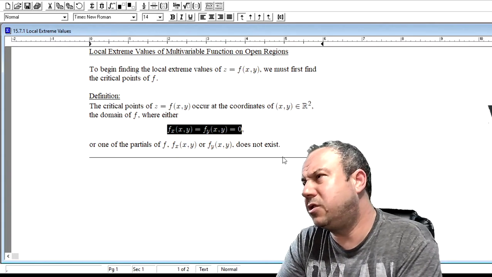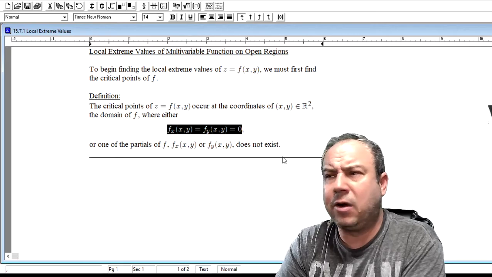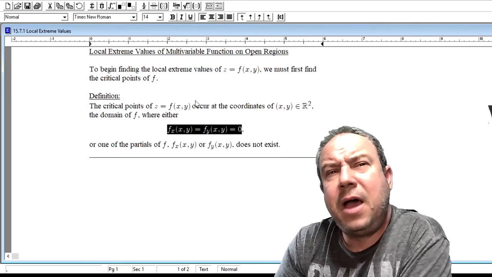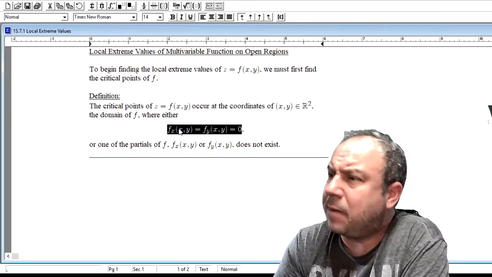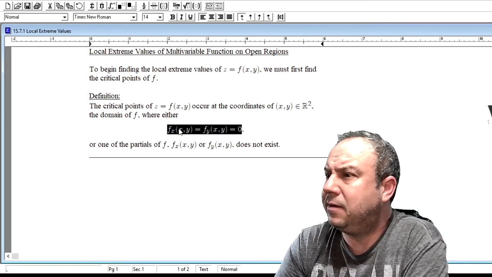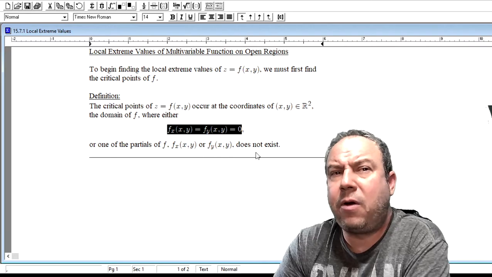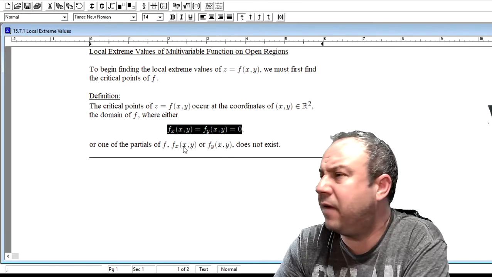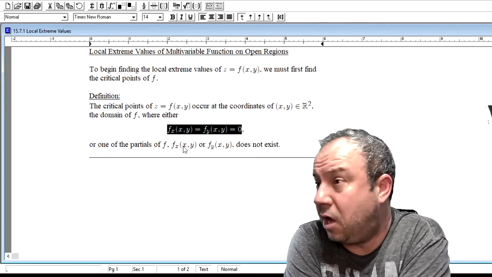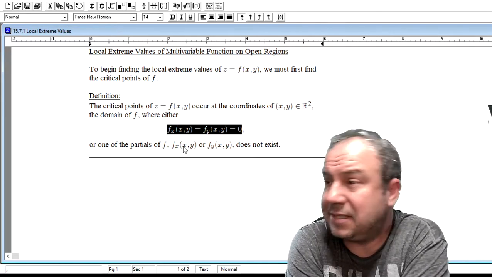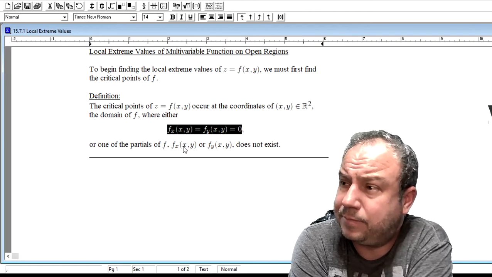Those two conditions are going to set us up for finding our critical points, right? Typically, we're going to be looking at where our first partials equal 0 simultaneously. Right? However, there are going to be some instances where we're going to have to watch out for where our first partials don't exist. And those will also become points we want to test as critical points.